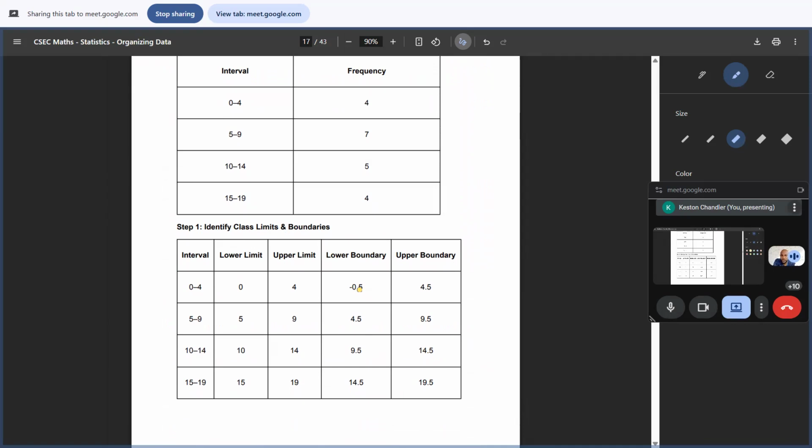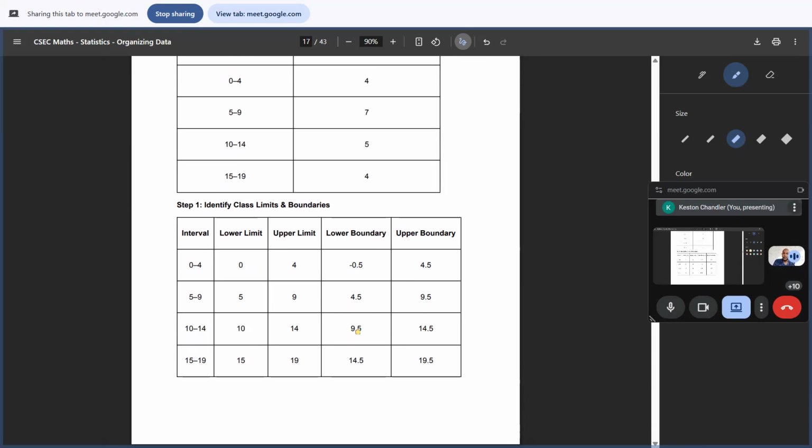Whereas my lower boundary is going to be negative 0.5, because I have to subtract 0.5 from 0. And then my upper boundary will be 4.5, because I have to add 0.5 to 4. Here we'll get a lower boundary of 4.5 and an upper boundary of 9.5. Here I'll get 9.5 as my lower boundary, 14.5 as my upper boundary. You see how it's repeating?